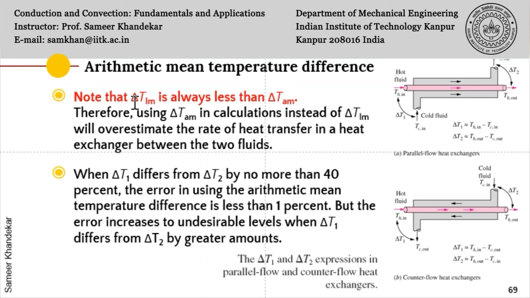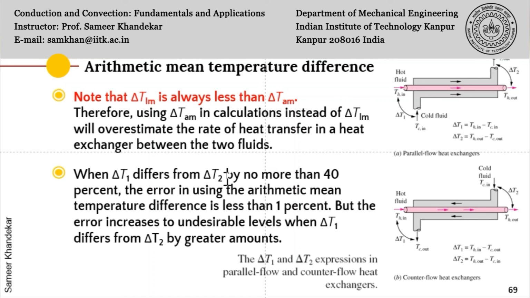The LMTD will always come out to be less than delta T_AM, and therefore using the arithmetic mean instead of the LMTD will overestimate the rate of heat transfer between the two fluids. So in reality, you will suffer because you will not actually get as much heat transfer as you have estimated, because of using the arithmetic mean rather than the logarithmic mean.